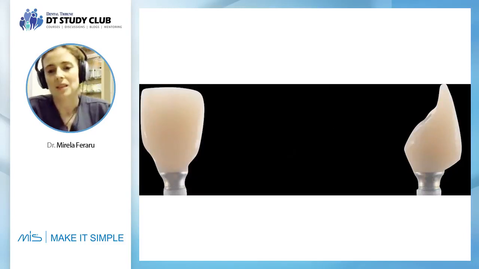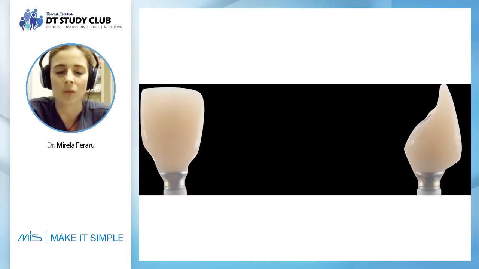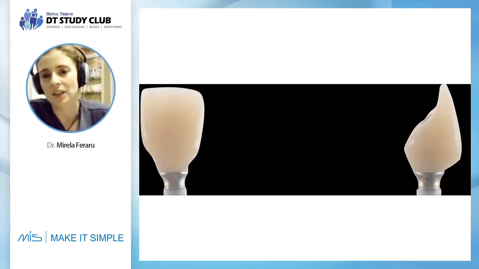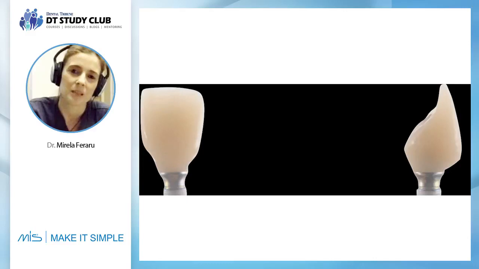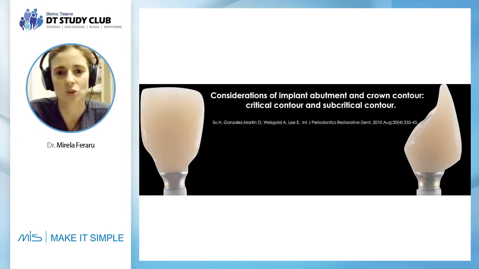Now, when we discuss the designs of our ceramic restorations on implants, we hear a lot of people saying, well, it should be undercontoured, it should be overcontoured, you should add here or remove there. But if we wanted to describe in a didactic way the areas that we discuss, I liked very much this article that the group of Ernesto Lee published in 2010.